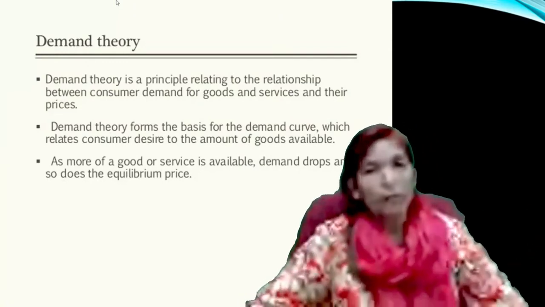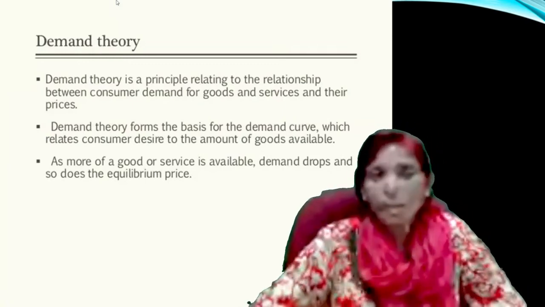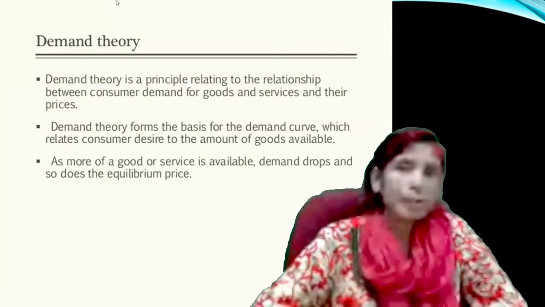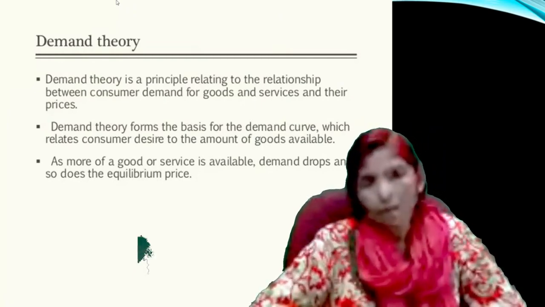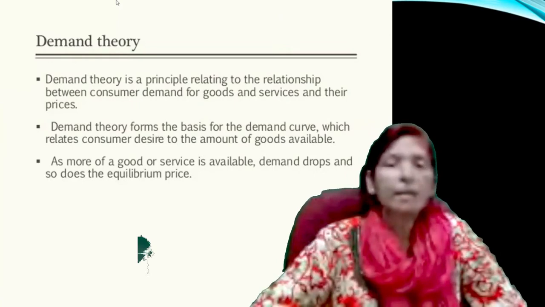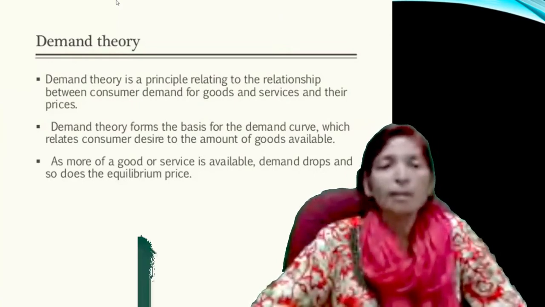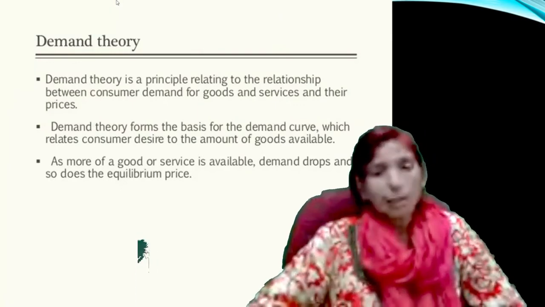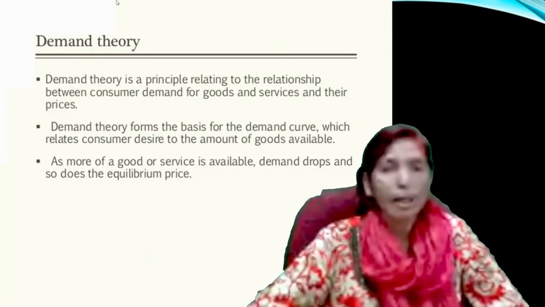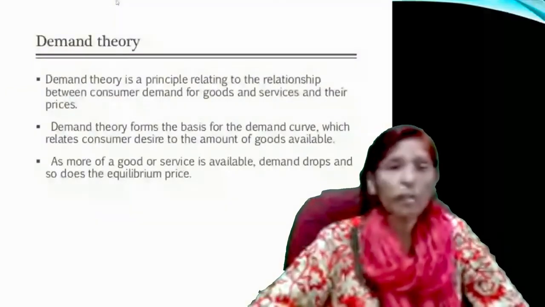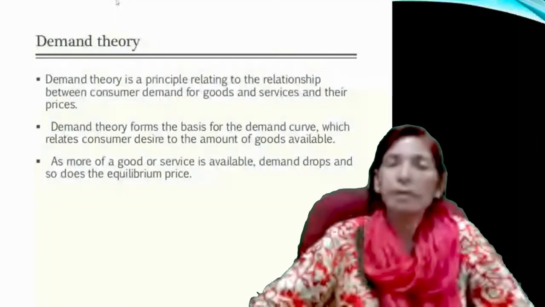You know that we must demand goods and services for the purpose of satisfying our wants. So demand theory is a principle related to consumer satisfaction, or it shows the relationship between consumer demand for goods and services and their price level.